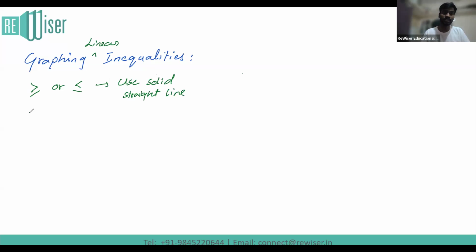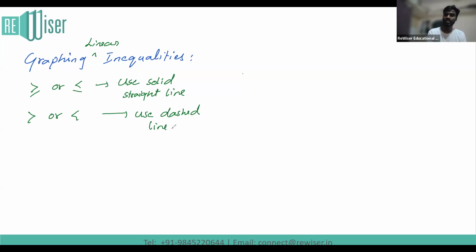And whenever it is just greater than or less than, use a dashed or dotted line. A solid straight line represents that whatever points we have on the straight line are also solutions. And for dashed lines, whatever points we have on that dashed line are not solutions.